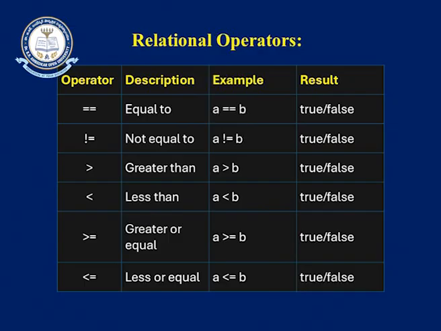Basically we are checking whether a value is greater than or less than another value. As I said, the importance of these relational operators can be seen while working with conditional statements.